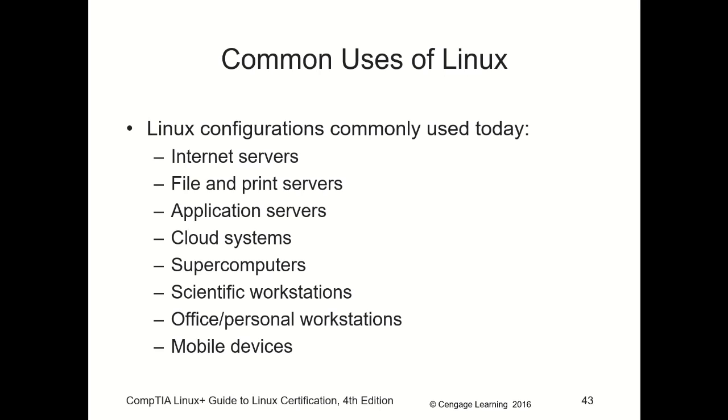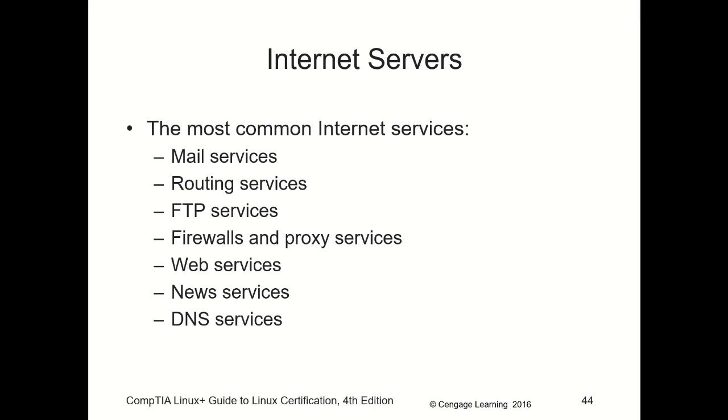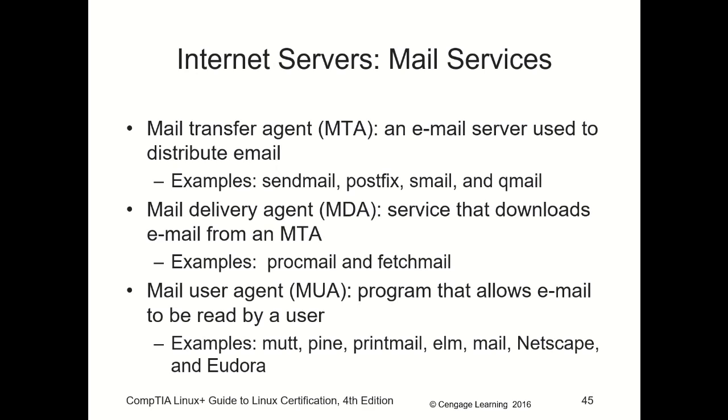Office and personal workstations, and mobile devices, where you can use Linux as well. The most common internet services are the mail services, routing services, FTP services, firewall and proxy services. You can have web services, news services, and DNS services.